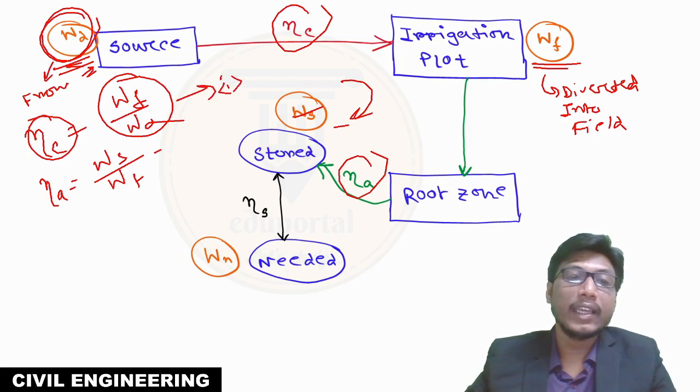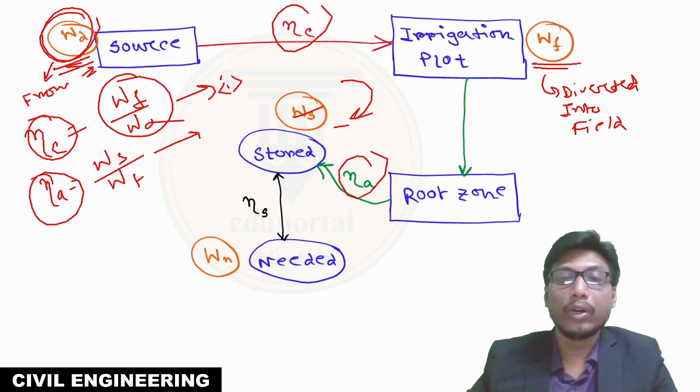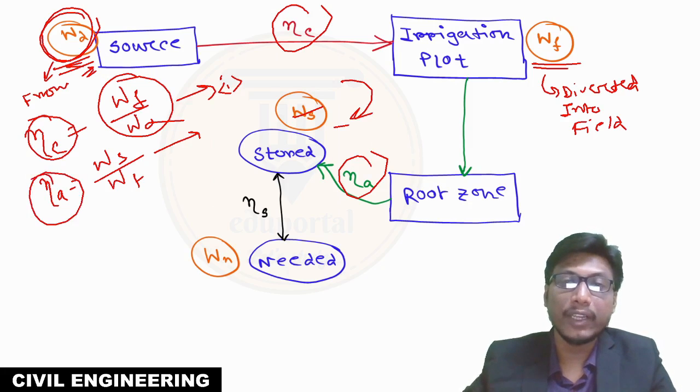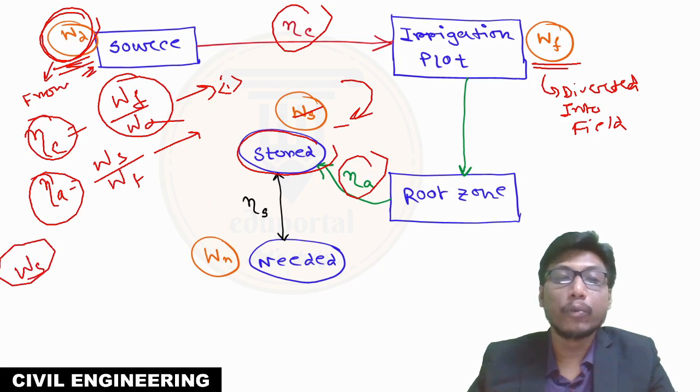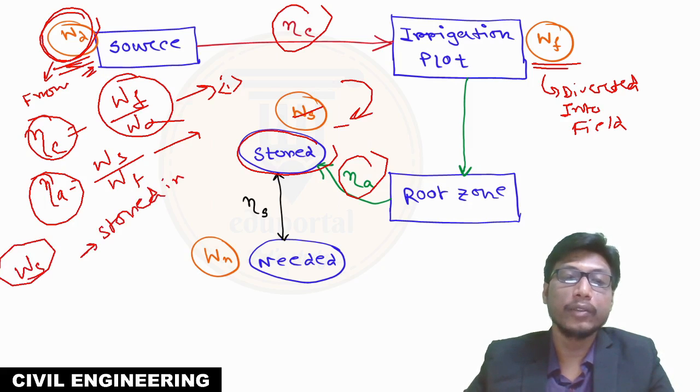Now eta A is called the water application efficiency. Of the amount of water diverted into the field, not the entire amount is stored in the root zone. There is some loss. Suppose WS is the amount of water stored in the root zone.